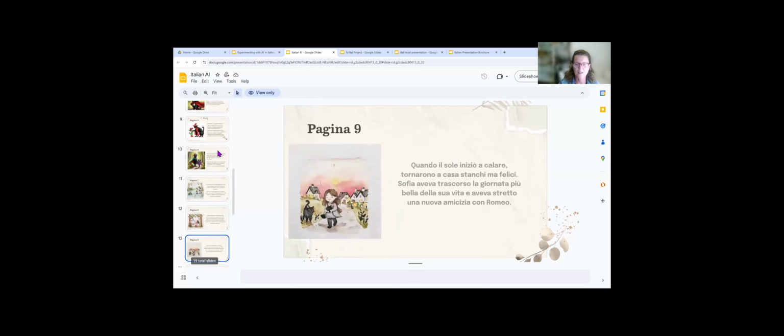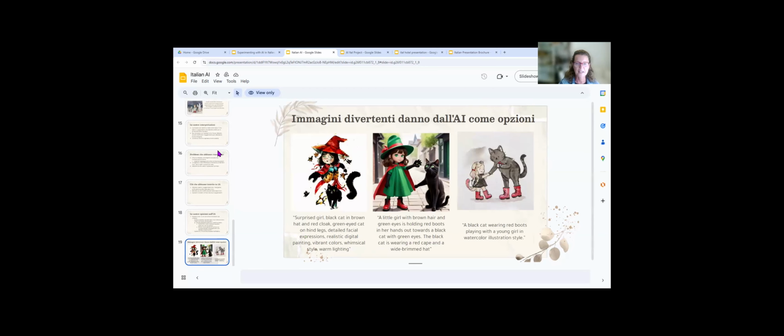And these are the prompts that they gave AI in English to create the story, the children's story about a cat with red boots and a girl becoming friends with the cat. Surprise girl, black cat in brown hat and red cloak, green-eyed cat on hind legs, detailed facial expressions, realistic digital painting, vibrant colors, whimsical style, warm lighting.